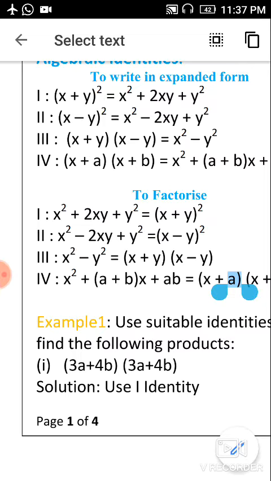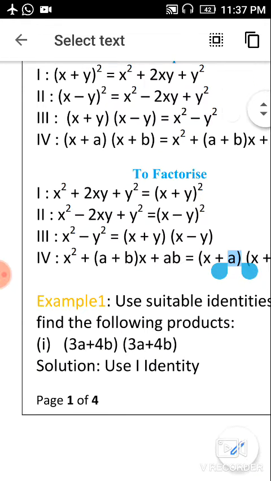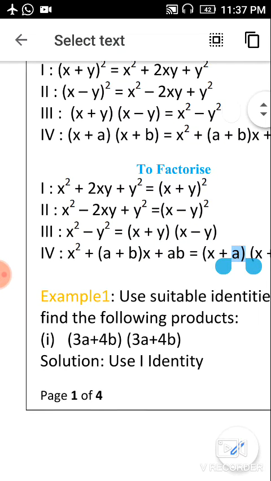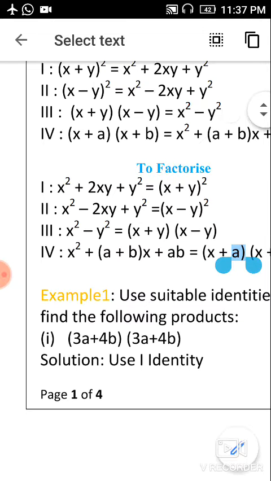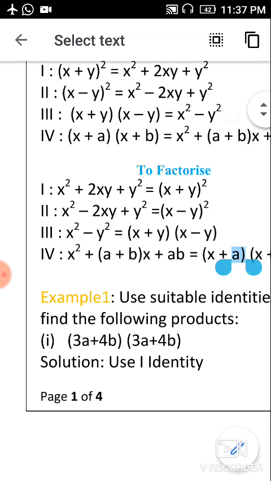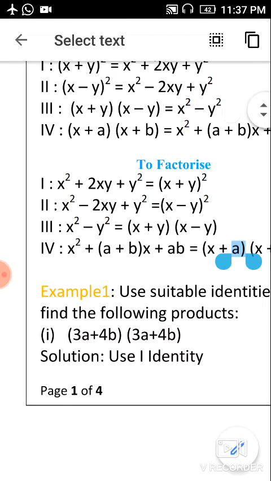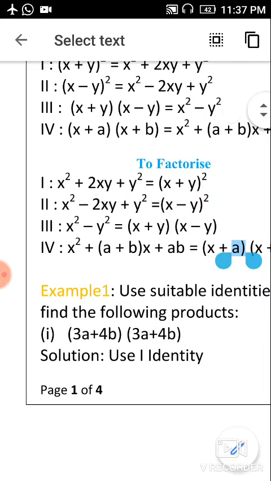So identify the first or second by that. The fourth you can easily identify: you can check that the first term is a perfect square, but the second term is not a perfect square. Just that is, you can see that ab and the (a + b) into x will come like this. So you can identify which identity is applicable to factorize.